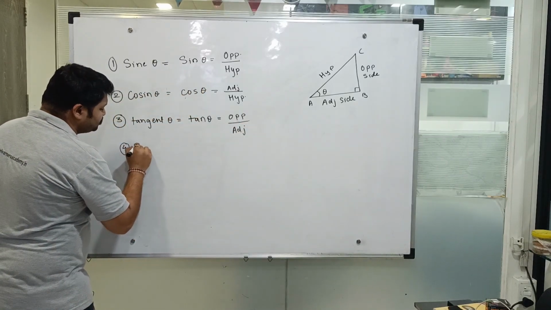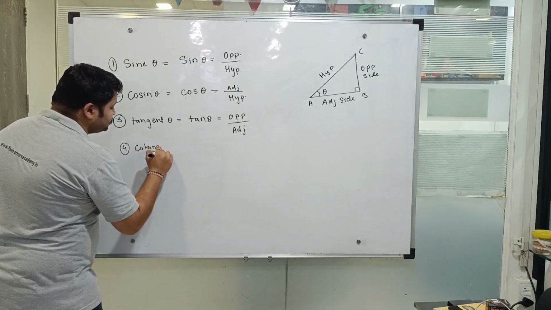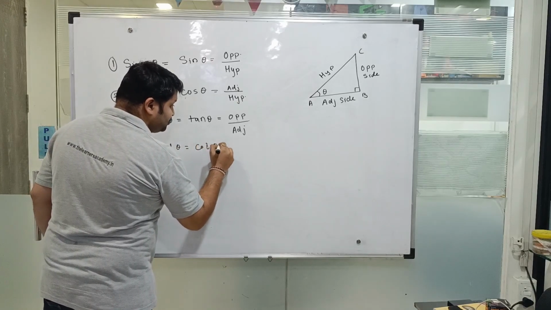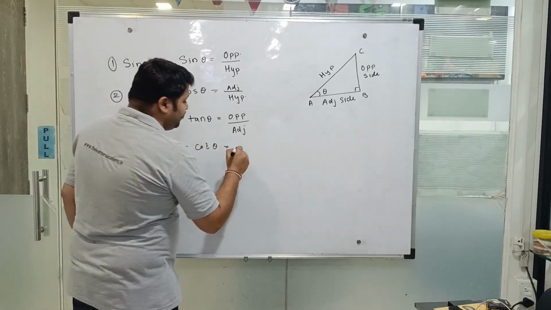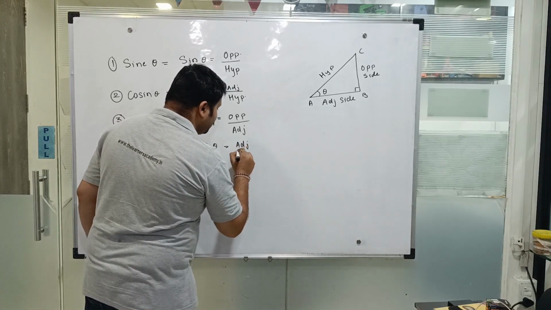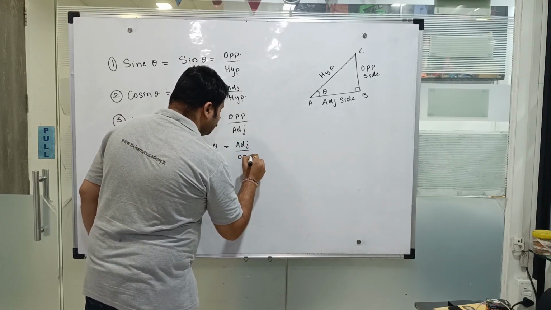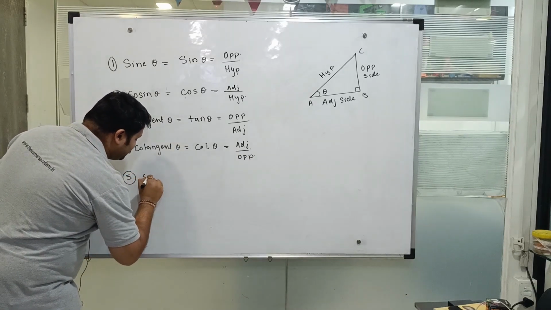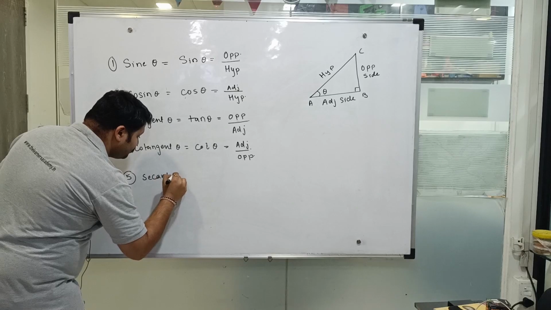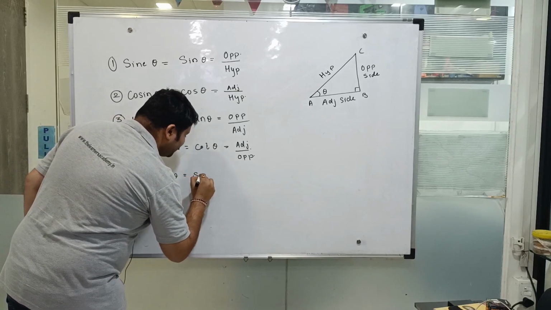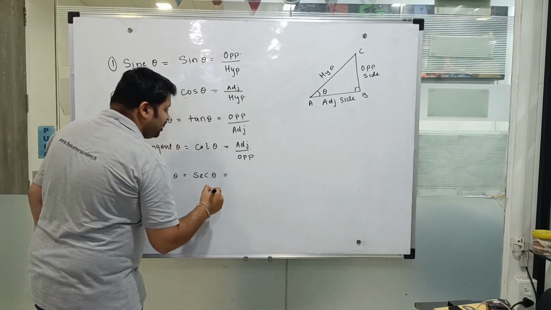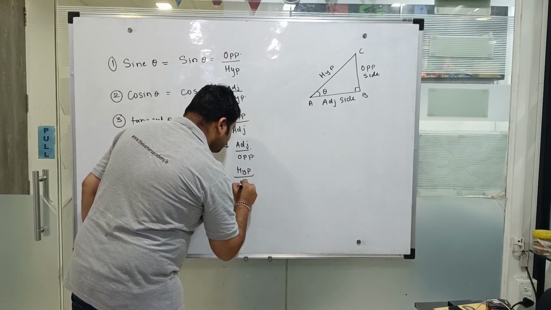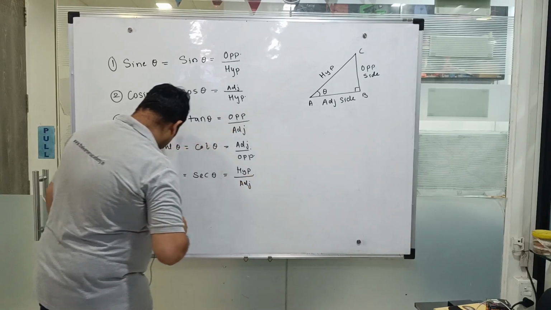The fourth one is cotangent theta, also known as cot theta. The short form is defined as adjacent side upon opposite side. The fifth one is secant theta, short form is sec theta, and it is defined as hypotenuse upon adjacent side.